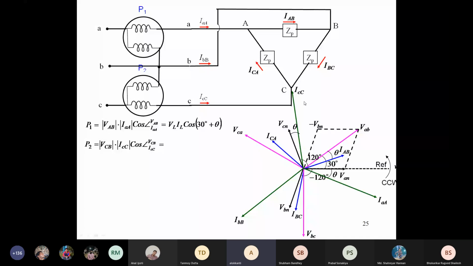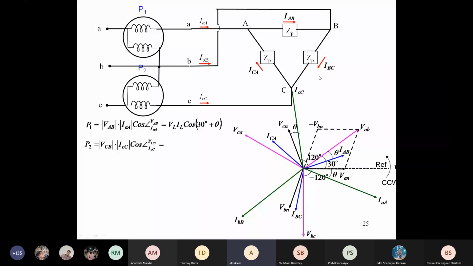So 240 minus theta. No, I am just asking what is the VCB angle? The VCB angle is 90 degree. Yes, VCB angle is 90 degree.